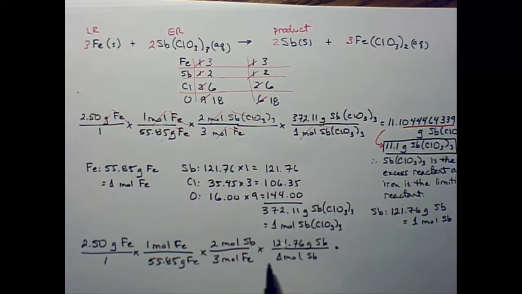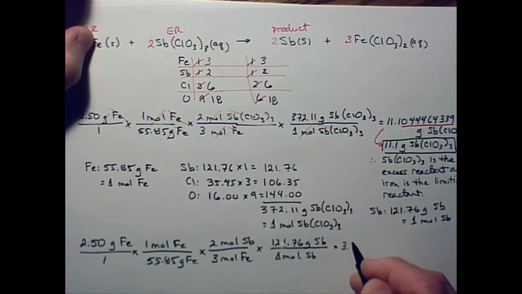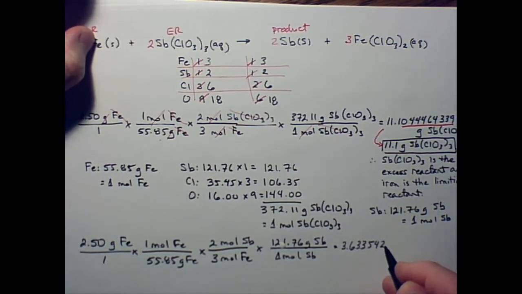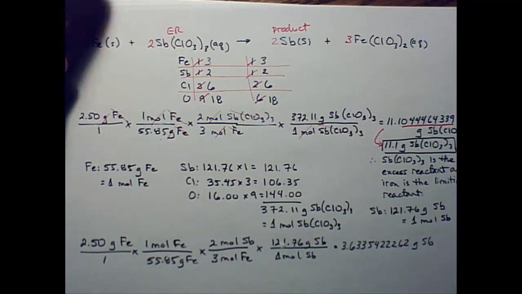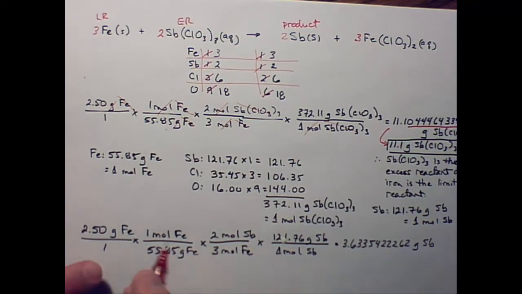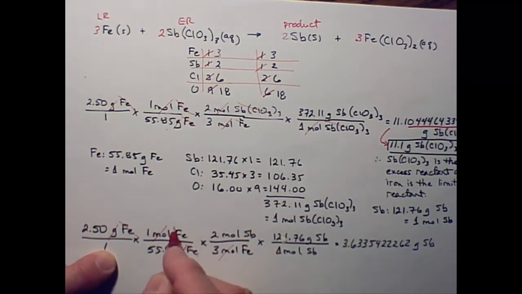Okay, I got 3.633542262 grams of antimony. Want to round off? I haven't even canceled units yet. Need to do that. Make sure I've set up the problem properly. I highly recommend you do this as you go along.